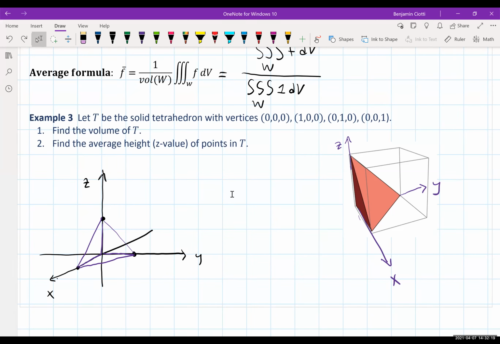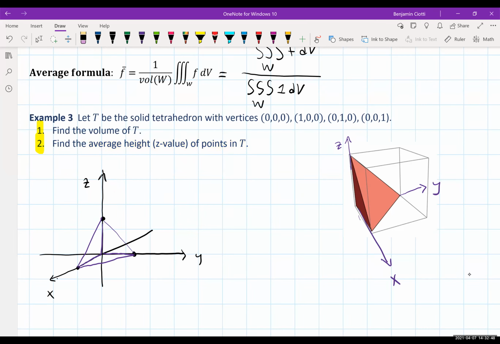Oh, before we do that, I want you to guess actually. There are two parts to this problem. I'm going to do the volume, and then I'm going to compute the average height of points in the tetrahedron. And when I say height, by the way, I mean the z coordinate. So we're going to treat z as the height direction.